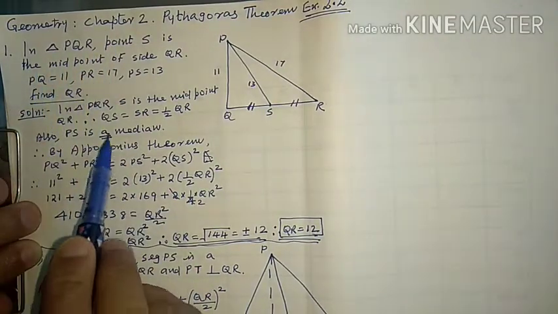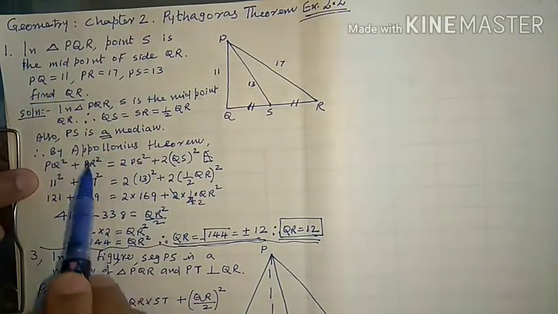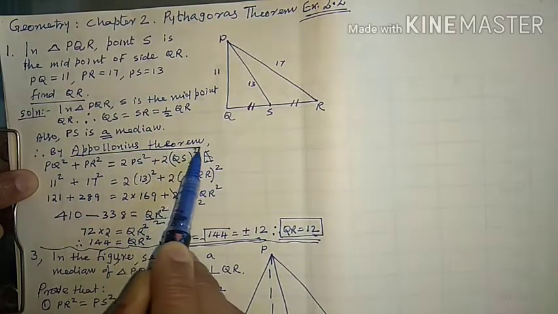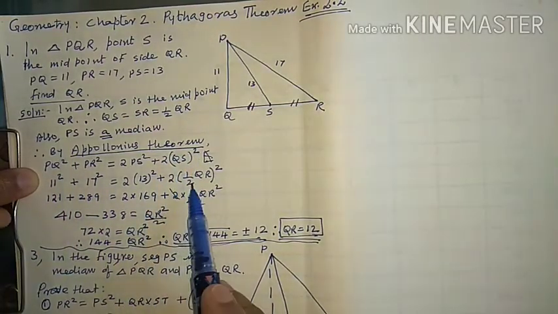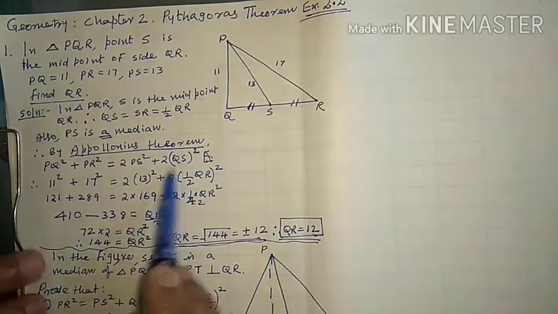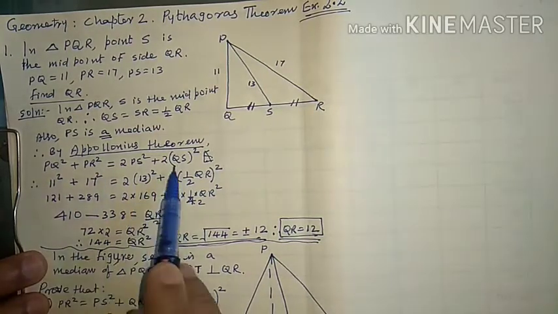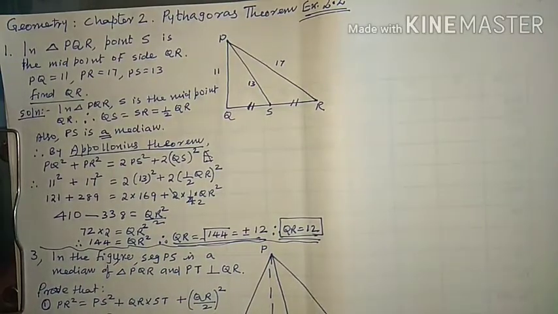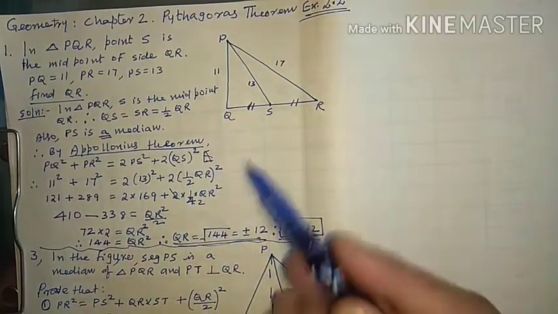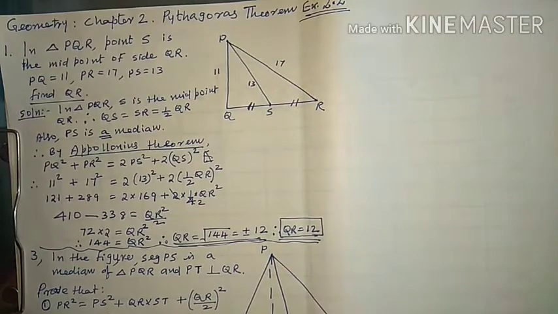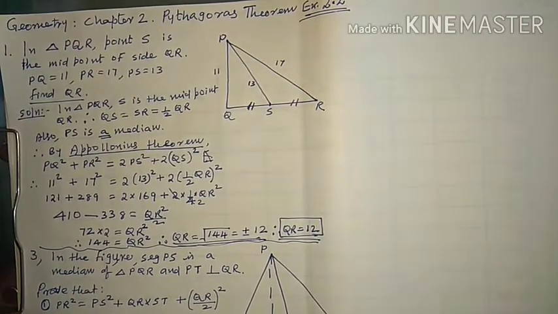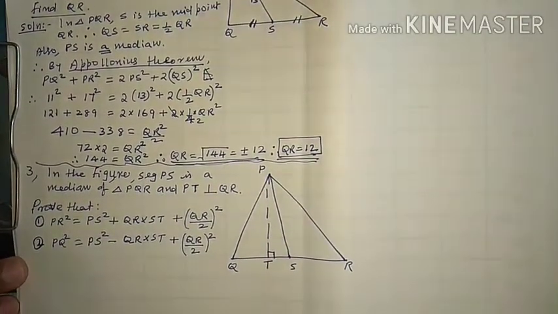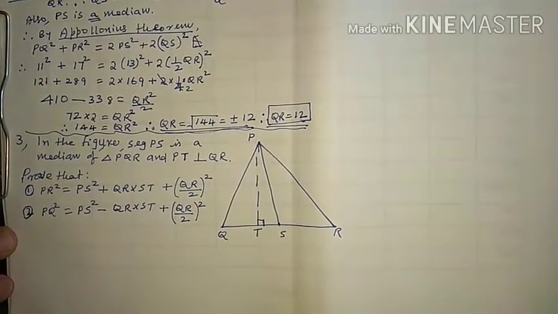Whichever values are given, substitute here in the Apollonius theorem. Out of 4 quantities, 1, 2, 3 are given. The 4th one easily we can find out by just simplification. That's question number 1. Now we do question number 3. Question number 2 and 4 you do as homework. Easy it is. You can practice it.